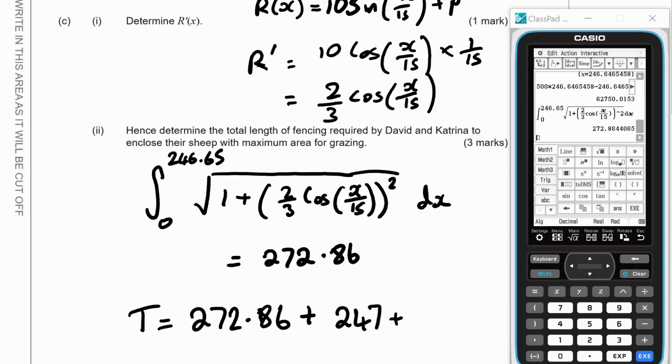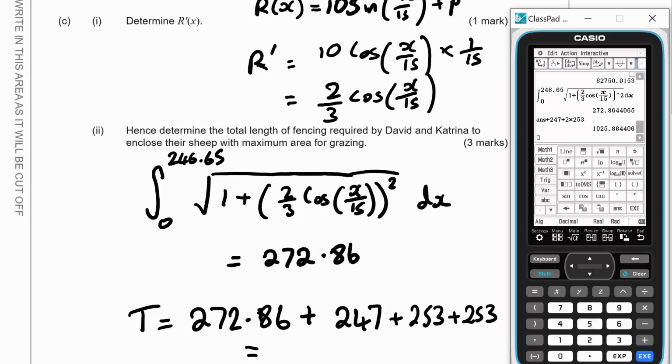And then because P and Q add up to 500, this would be 253, and so that would be 253 as well. So we've got the last answer, add 247, add 2 lots of 253, which is 1026.